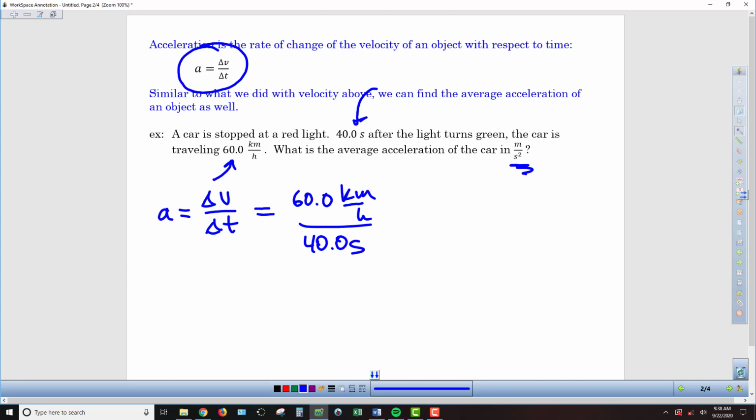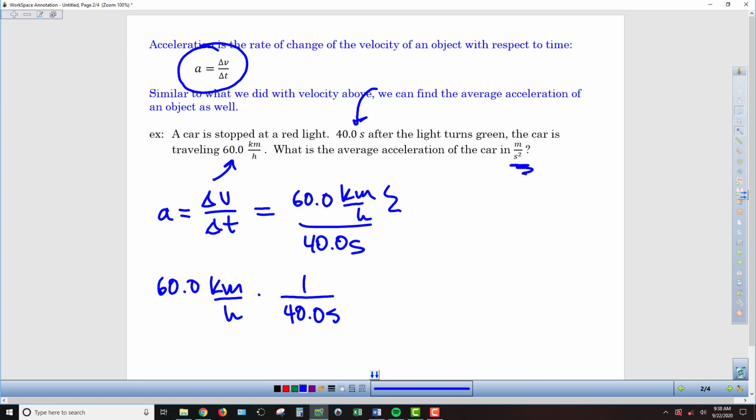So I'm going to rewrite this expression a little bit to make it cleaner for us to see the cross-canceling and the conversion factors that we're going to need. I'm going to start with the 60 kilometers per hour, and then multiply that by 1 over 40 seconds. When I write it like this, I've got everything either in a numerator or a denominator and not in the form of a complex fraction like we see here.